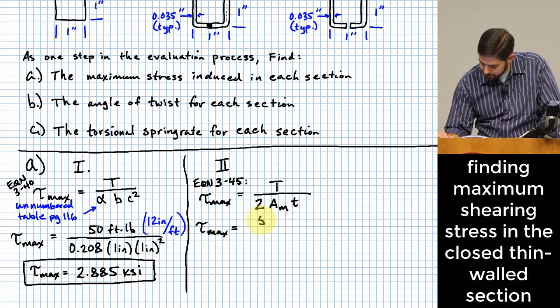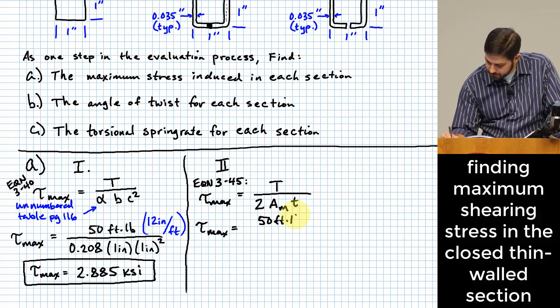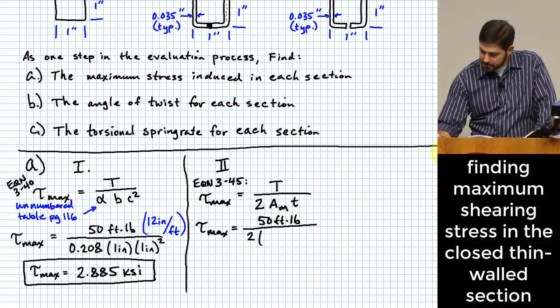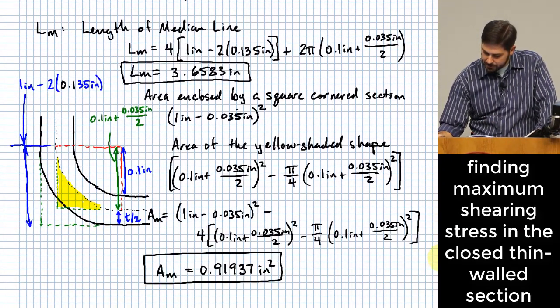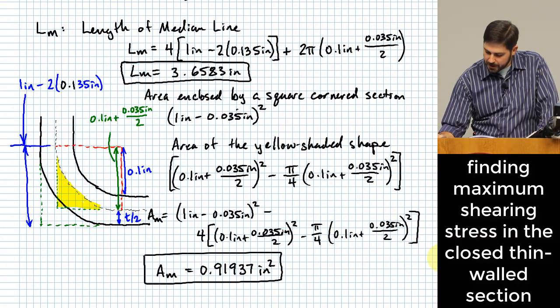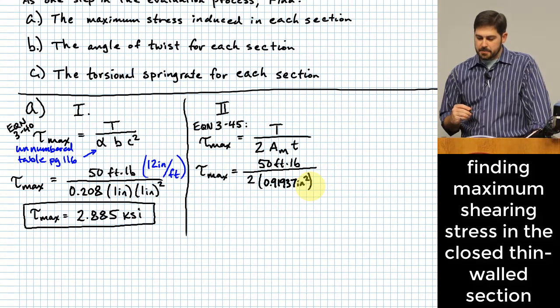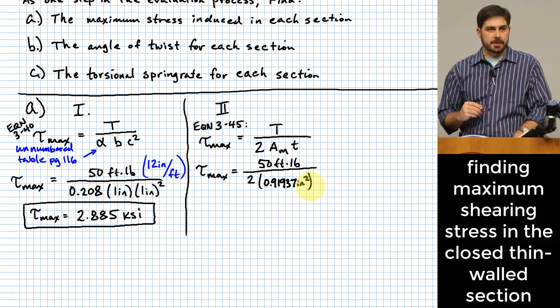So this gives me 50 foot-pounds over 2 times A sub m. We calculated down here. It was 0.91937 square inches. And then the last parameter there is the wall thickness.